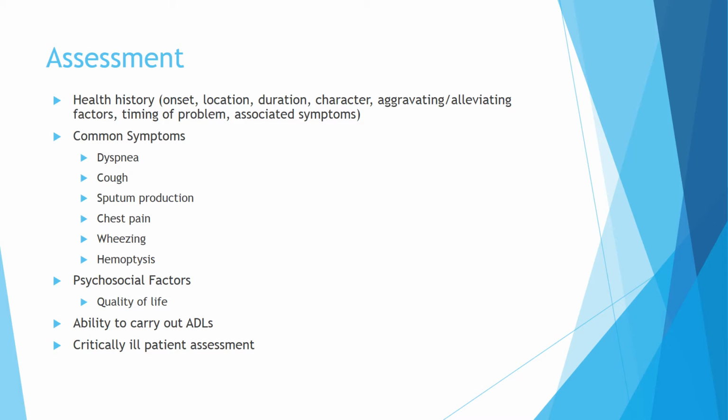These patients have to be cared for very closely because their airways are at very high risk for compromise or failing, I guess, if you want to put it in that term. So they have to be watched really closely when they are critically ill.